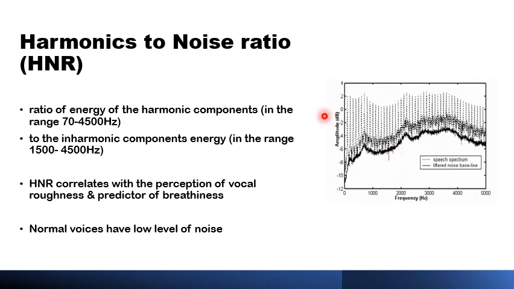The HNR, the harmonics to noise ratio, is the ratio of the energy in the harmonic component of the voice in a specified frequency range compared to the inharmonic component in the voice signal. If the ratio between harmonics and noise drops significantly, the voice can be perceived either as rough or as breathy.